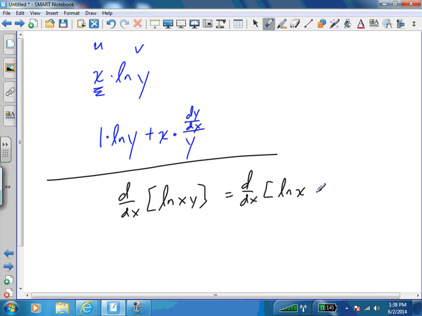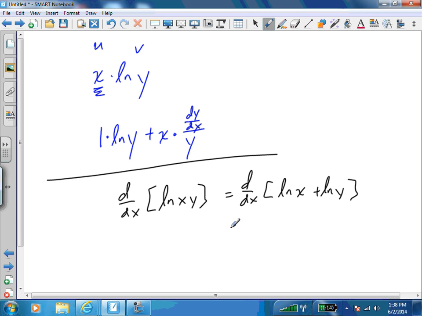Natural log of the first factor plus natural log of the second one. We could go ahead and do u prime over u right here, put xy on bottom and the derivative on top, but to take the derivative of this, that's a product that is also going to involve an implicit derivative because we have two different variables.